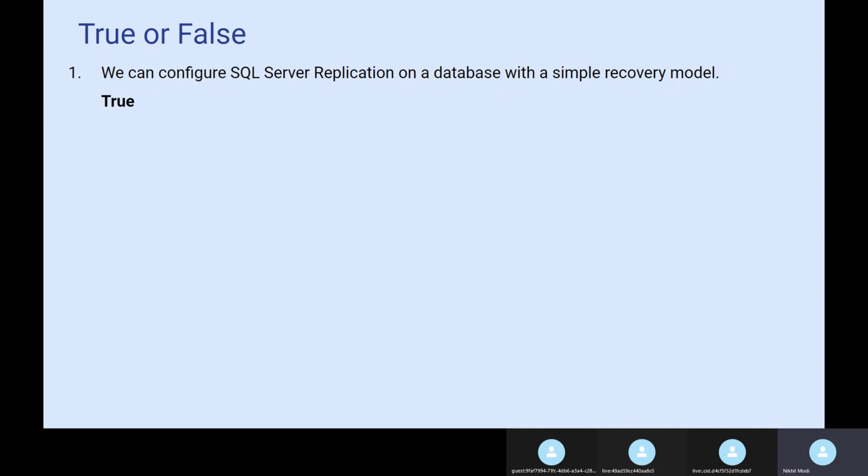One very important thing here: if, for example, your publisher database is in replication, then unless the log reader agent pulls the transactions from the log file, your log file will not get truncated, and those log records will stay active and can't be overwritten.